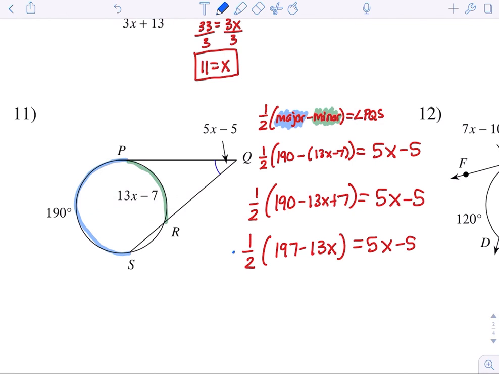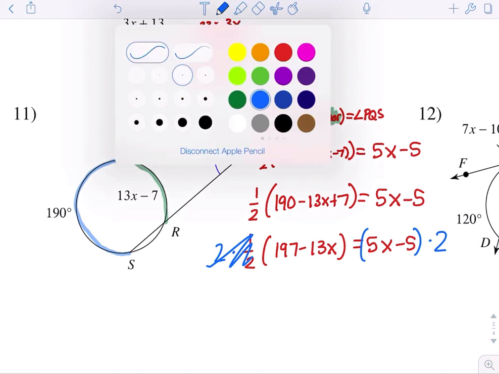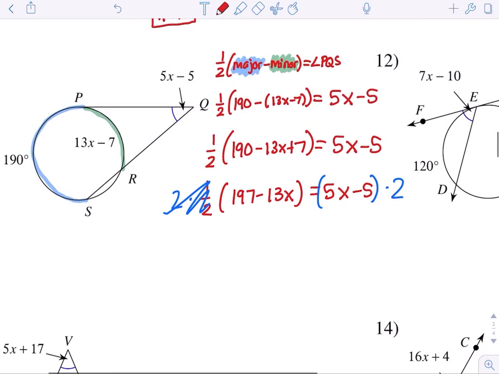So let's multiply both sides by 2. So that cancels. So all we're left with is 197 minus 13x is equal to, distribute the 2, 10x minus 10.